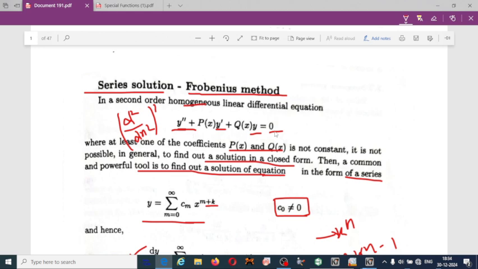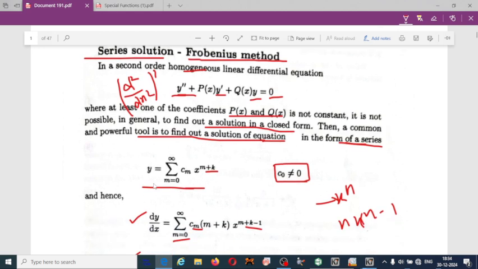So for the given differential equation, you are applying the power series method. First write y in power series form, the summation from m equal to 0 to infinity of c_m x to the power m plus k.